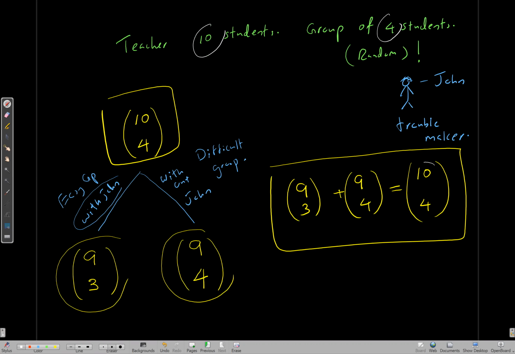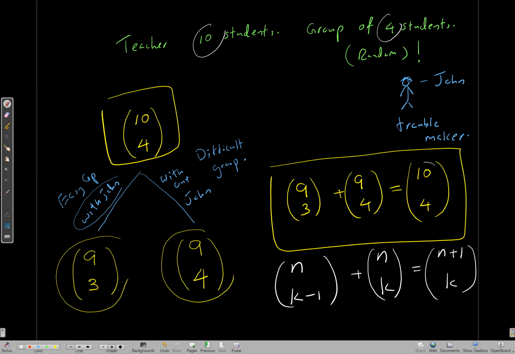There is nothing magical about the numbers 10 and 4. This argument works in general, and if we generalize it, n choose k minus 1 plus n choose k equals n plus 1 choose k, right?